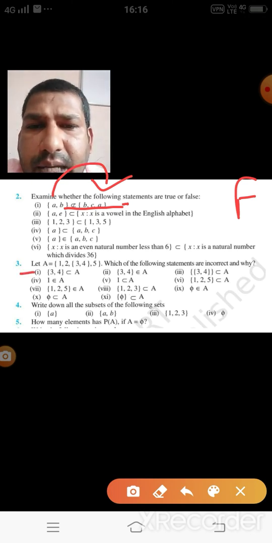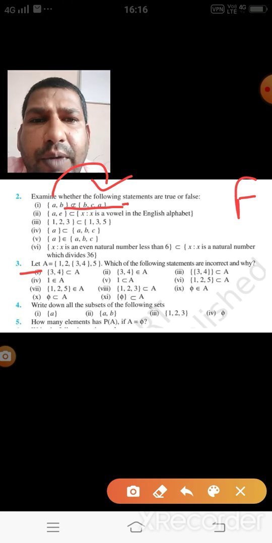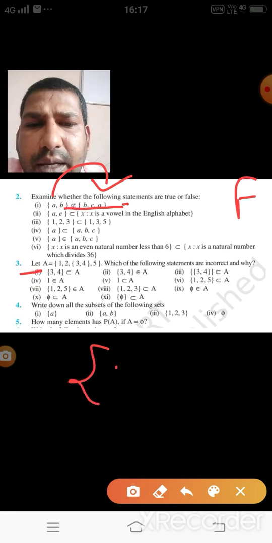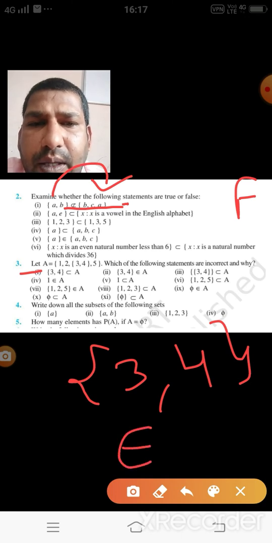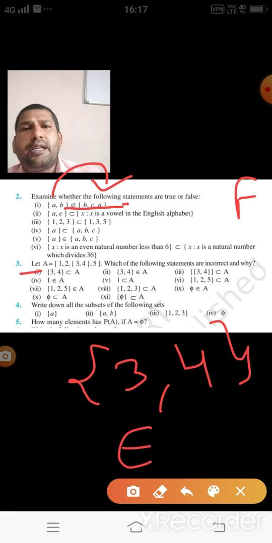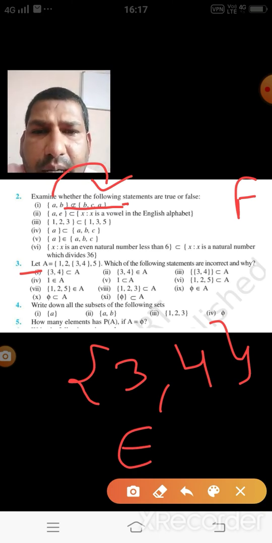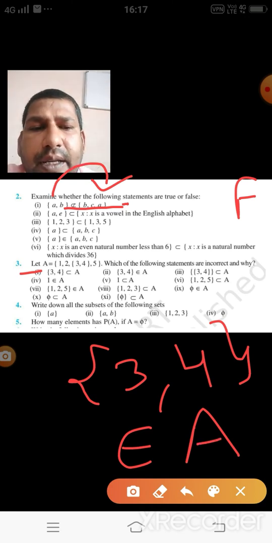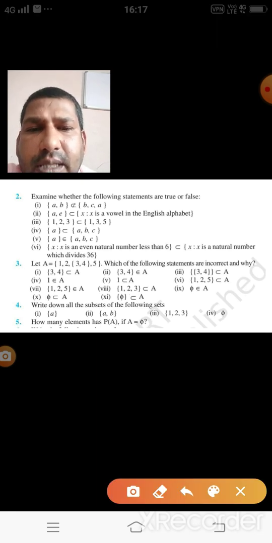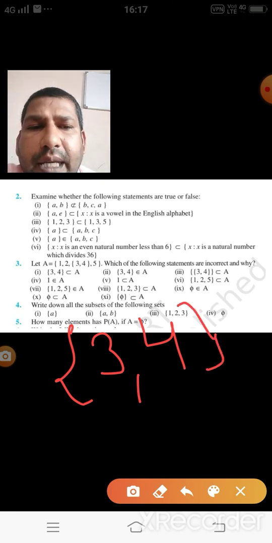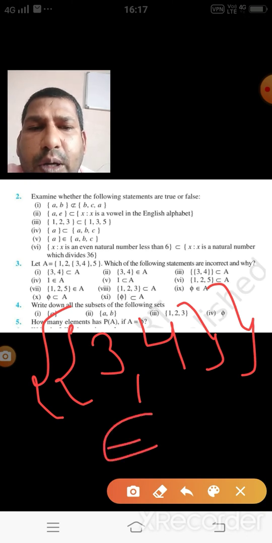Then question number third is very important in this. The given set is 1, 2, and here you have to observe {3, 4}. {3, 4} is an element, or you may call it belongs to, {3, 4} is an element of set A. But if you are talking about the subset, then for {3, 4} to make it a subset we have to use one more curly bracket.